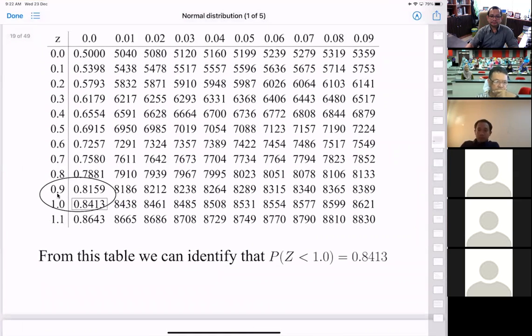0.9, 2, 0.8212. Can you see my cursor? Okay, good.